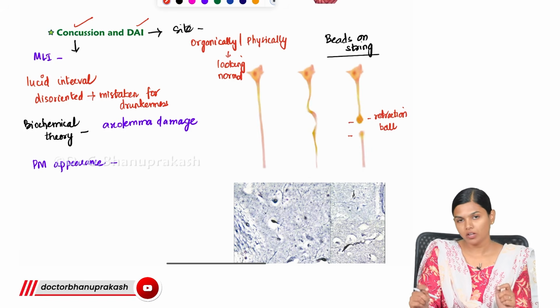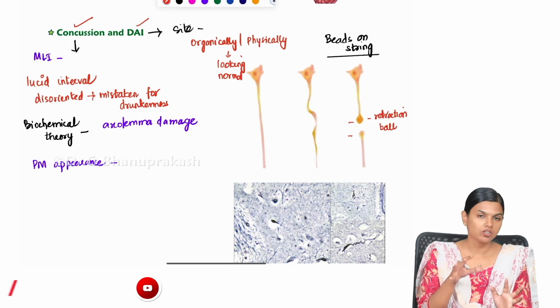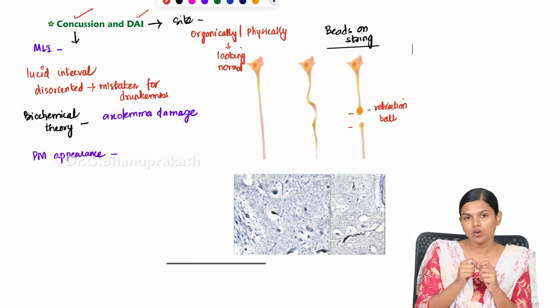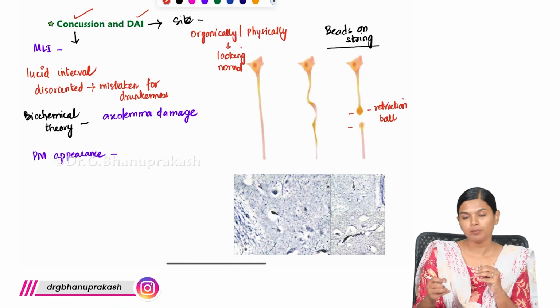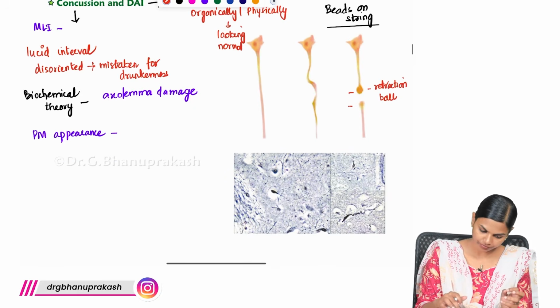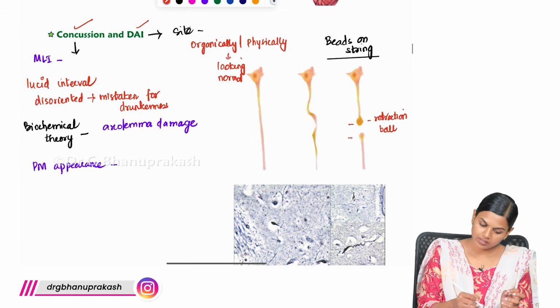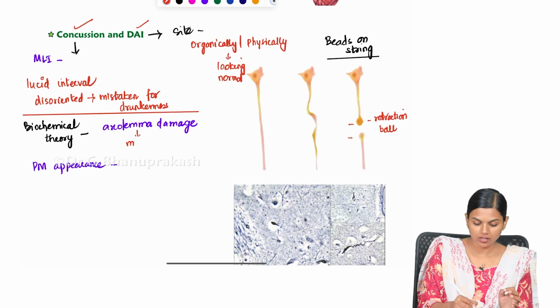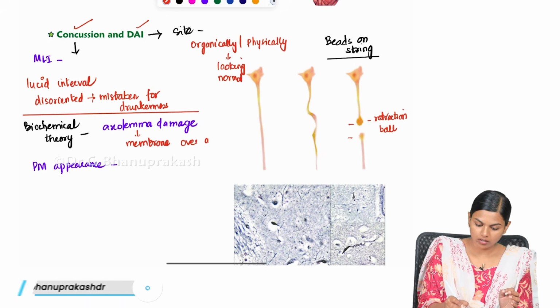What happened because of this diffuse axonal injury, because of this gliding contusion, is that the axon will be cut and will become retracted. So there will be axolemma damage. Axolemma is the membrane over the axon.